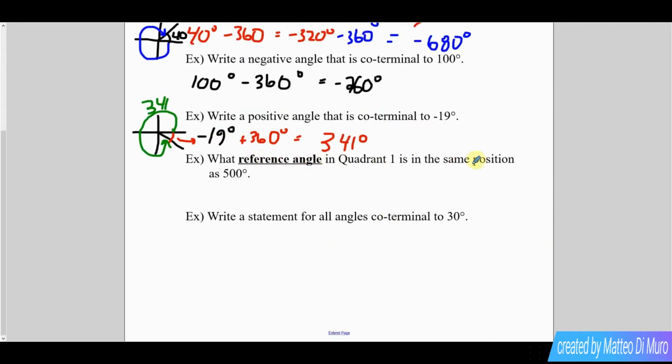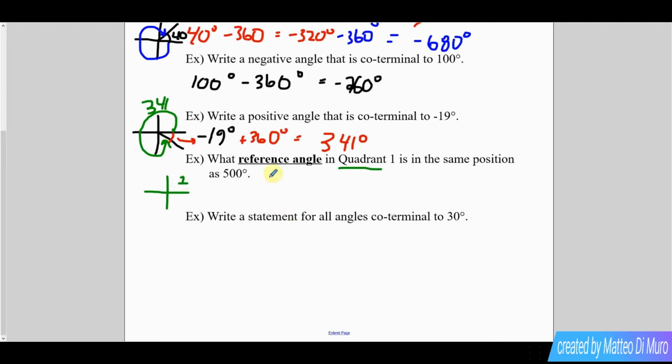What reference angle in quadrant 1 is in the same position as 500 degrees? Let's think here. If we're looking for a reference angle that's the same as 500, they're basically just asking us for a coterminal angle. Now if we want to be in quadrant 1, well, this here is quadrant 1.